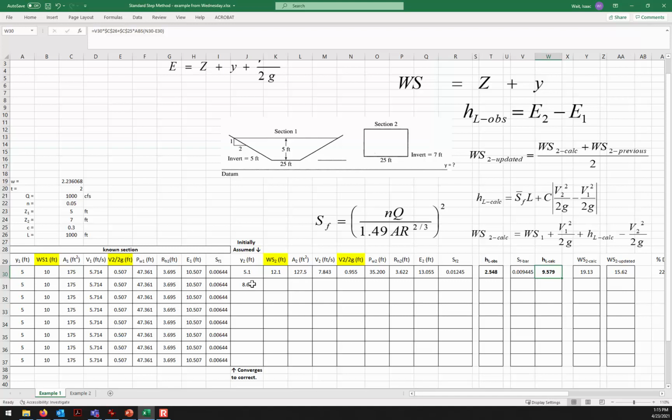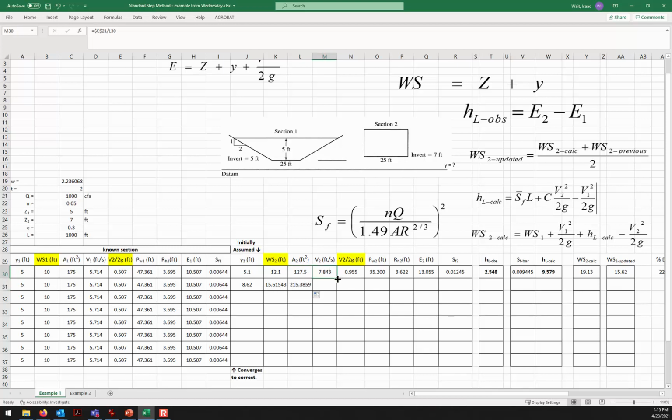So with this new assumed depth at 2, you'll notice I can drag the formula from before down, and so now water surface is simply going to be the new depth plus the Z. And area is based off of the shape. This is a rectangular channel, and so area is based on this new water depth.